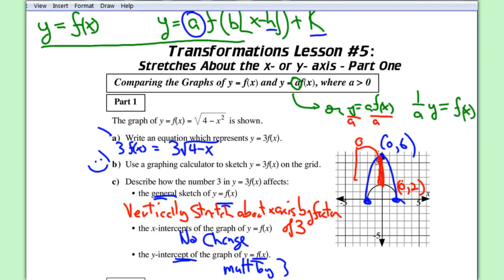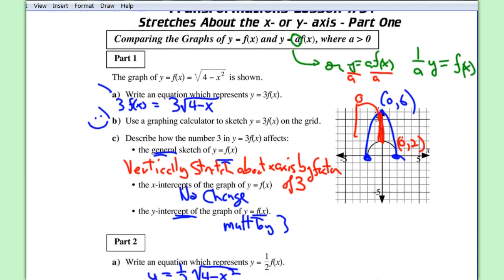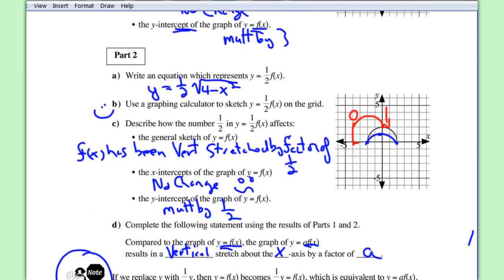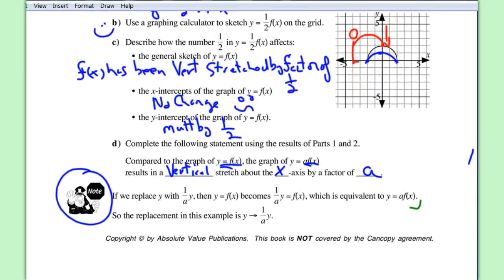The reason they mention that is when we talk about replacements for y, it can be worded in a reciprocal way, because that's how it'll end up looking when you put it in. So a replacement of 1 over a y, when you put it into the function and solve it for y, ends up looking like this. So take the time to make sure that makes sense, and we can talk about that in class after, okay?